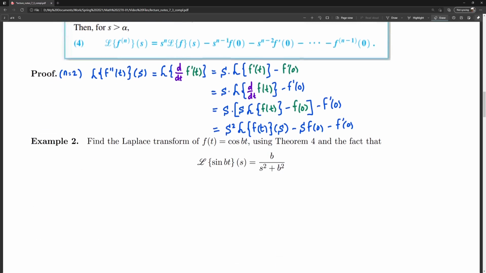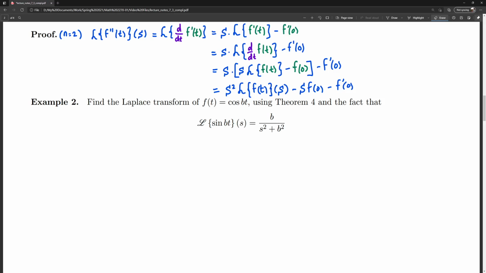So let's do an example with that. Find the Laplace transform of f of t equals cosine b times t using theorem 4 and the fact that the Laplace transform of sine of bt of s is equal to b over s squared plus b squared. So what we're going to do here is let f of t be equal to sine bt.